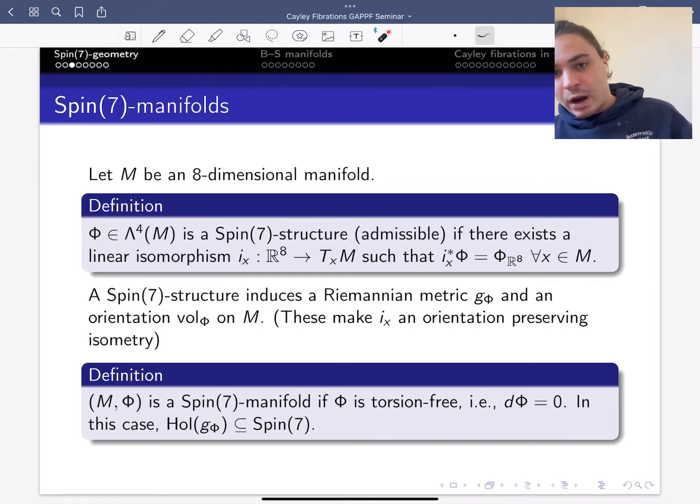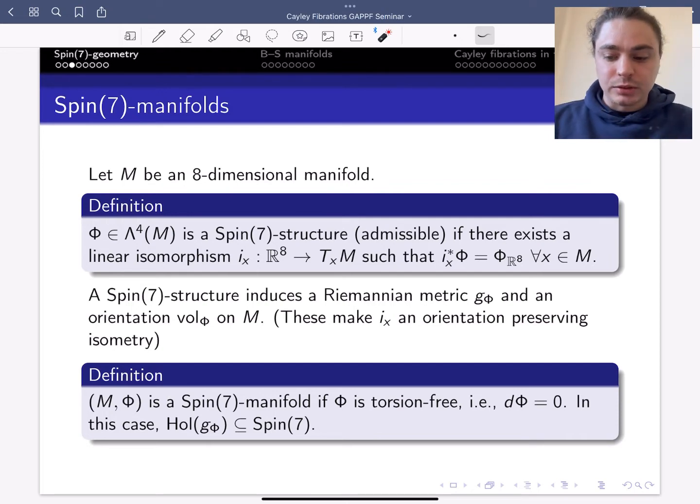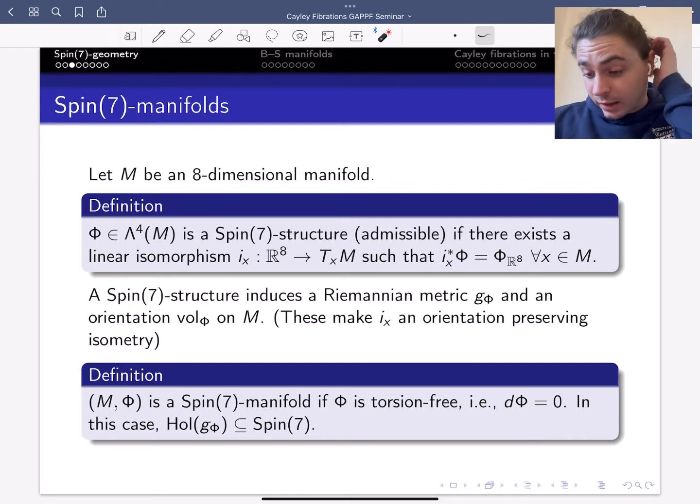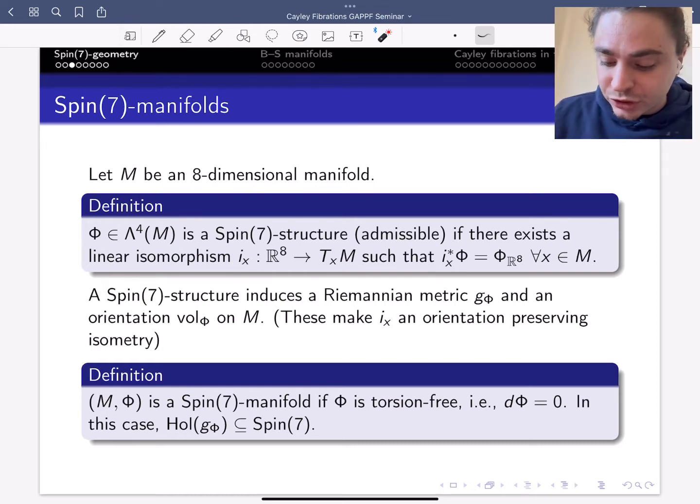Now, why are spin 7 manifolds interesting? Well, spin 7 structures are not actually that interesting because they are completely characterized by topology. There is a proposition due to Lawson-Michelsohn.